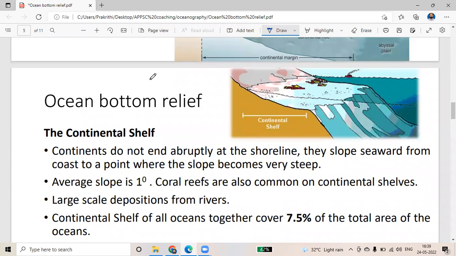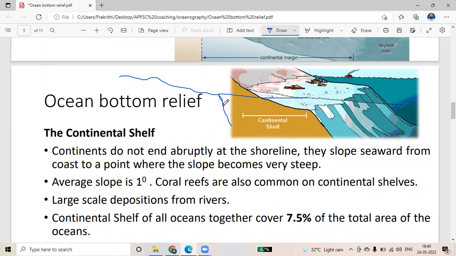As we know, this crustal landform is going like this, so its extension will be like this, and at one point it will suddenly fall. You can see water from here, and water here. But the water is not limited to this particular slope.